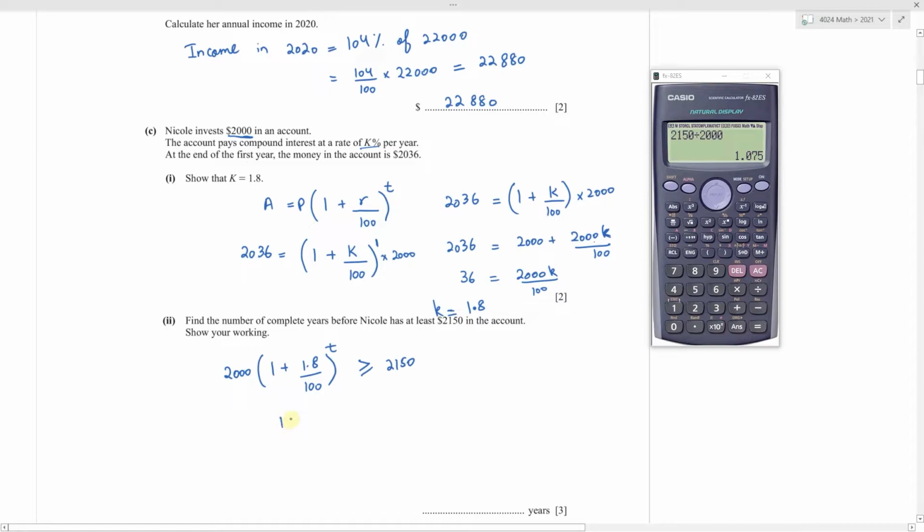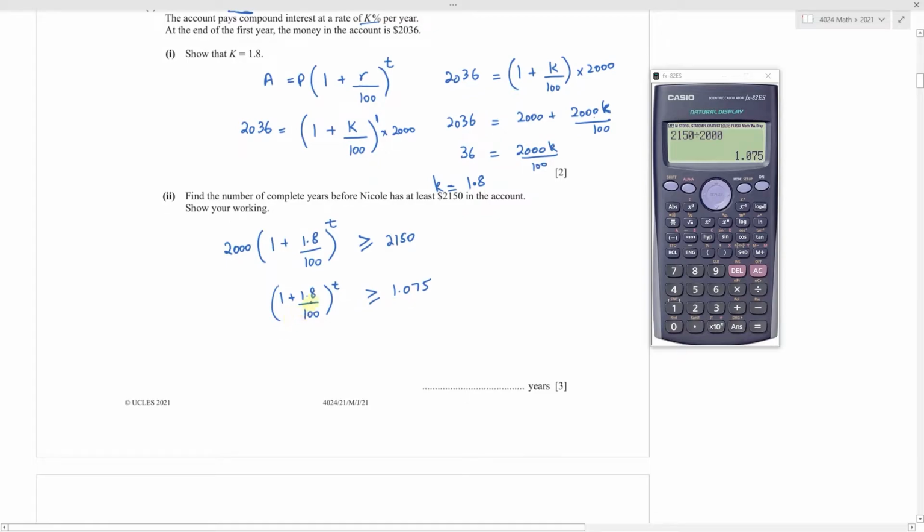So 1 plus 1.8 divided by 100, whole power t, is greater than or equal to 1.075. And 1.8 divided by 100 plus 1 is 1.018. So 1.018 to the power t is greater than or equal to 1.075.